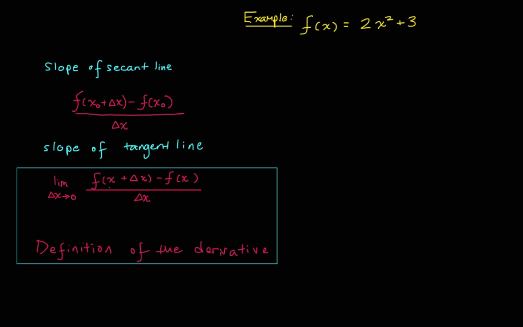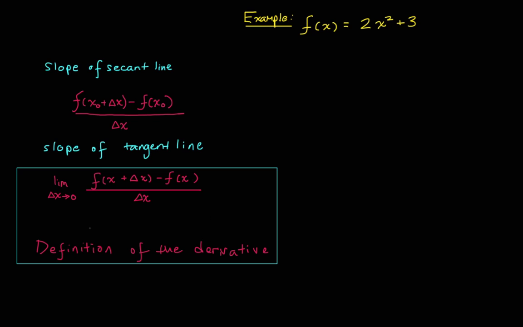But because we're just talking about x in general, we're talking about something much more general. We're talking about the slopes of the tangent lines everywhere, for every point on the curve. So this is a new function that essentially lists all of the slopes of all of the tangent lines for all of the points on that curve.